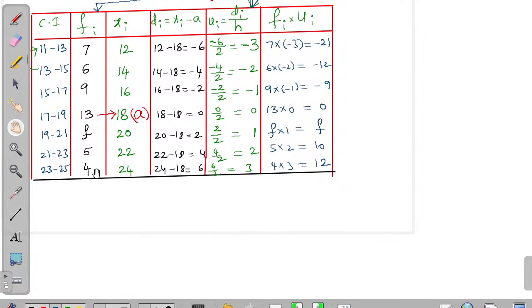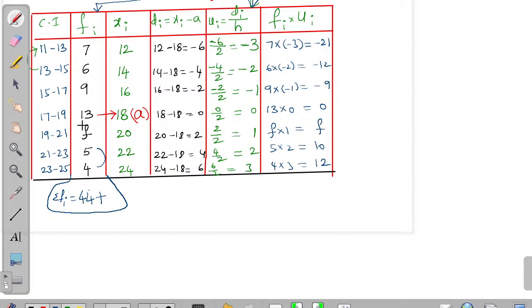Now observe this important thing. Here you have to find sigma fi. Same procedure: first you add the numbers, after that add the f. So 4 plus 5 is 9, 9 plus 13 is 22, 22 plus 9 is 31, 31 plus 6 is 37, 37 plus 7 is 44.